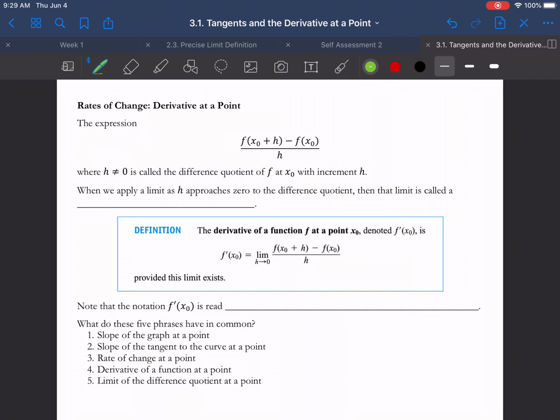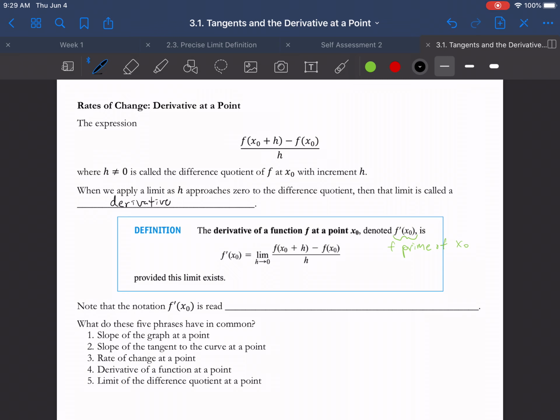A lot of times it's called f prime of x naught. That's how you would say it. And provided that limit exists, that's what is called our derivative. And it's the derivative at that point.